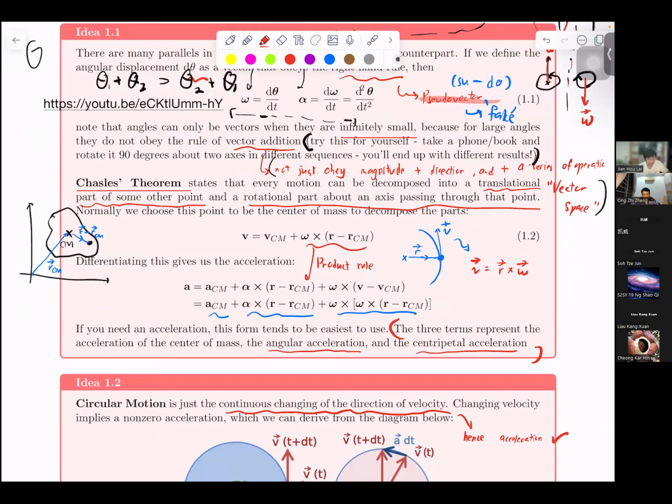We want to divide it into two, so let's use the point of the center of mass to take care of these two parts.